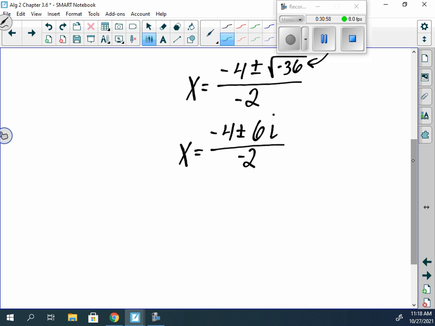Now, one thing we can do with this negative is that we can actually apply it to the numerator. We don't want to leave a negative in the denominator, the bottom of a fraction. So really we're factoring out negative 1 from the denominator and multiplying it by the numerator.